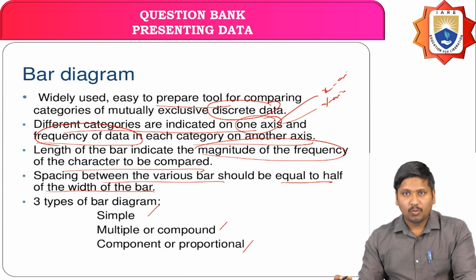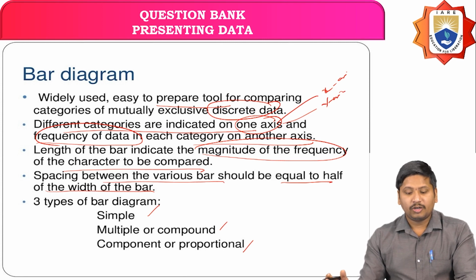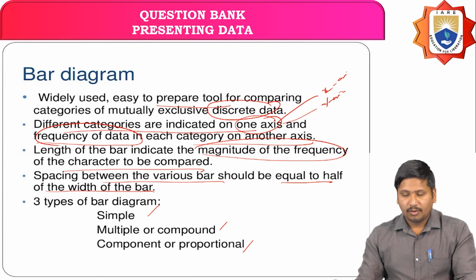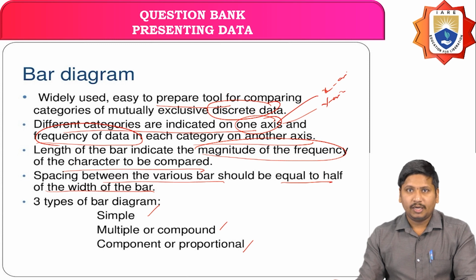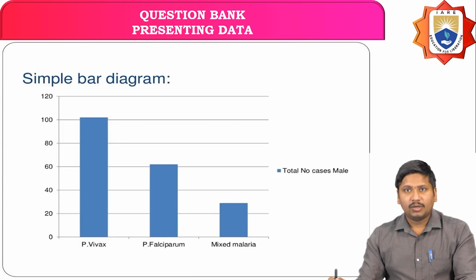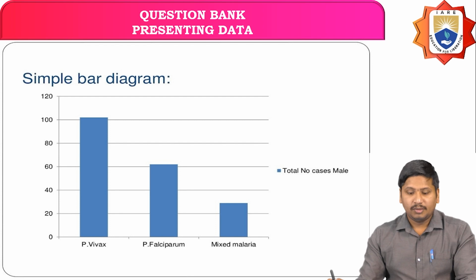The length of the bar should indicate the magnitude of the frequency of the character being compared. The spacing between the various bars should be equal to half the width of the bar. There are three different types of bar diagram: simple, compound, and proportional bar diagram. This is one way of representing the simple bar.